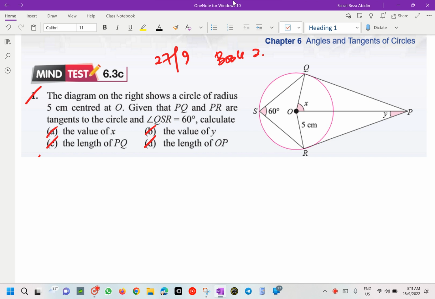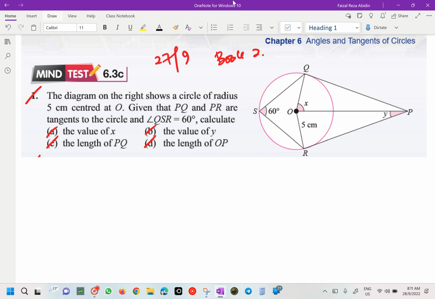So, if we are going to find our x over there, we are going to use the arc of QR, isn't it? Okay, the arc of QR, you have the circumference there.